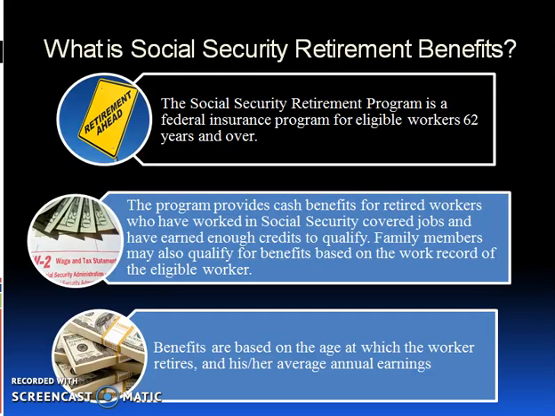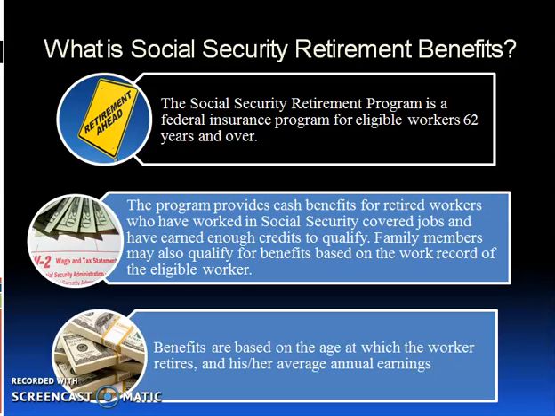All right, so what are Social Security retirement benefits? Well, it is a federal insurance program for eligible workers that are 62 years of age or older. So you can choose to receive benefits as early as age 62, but you'll get a reduced amount.